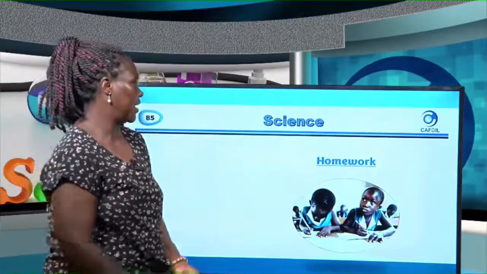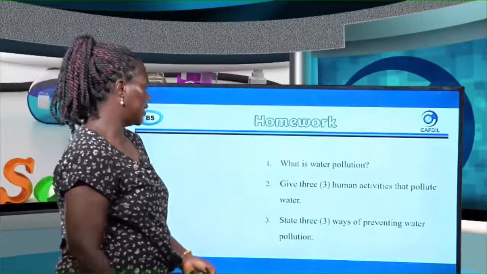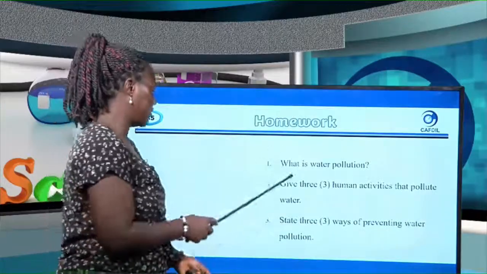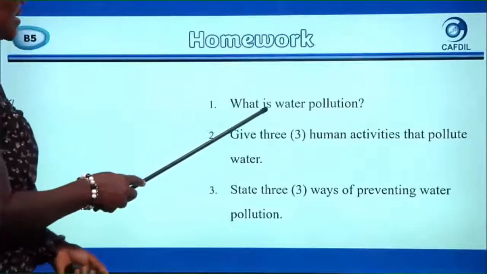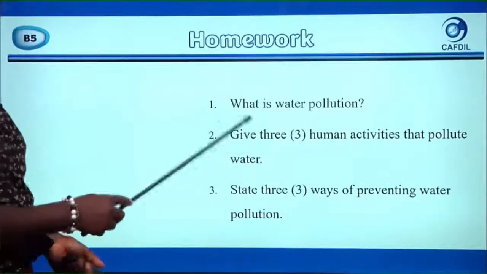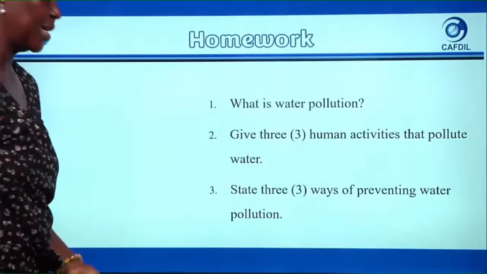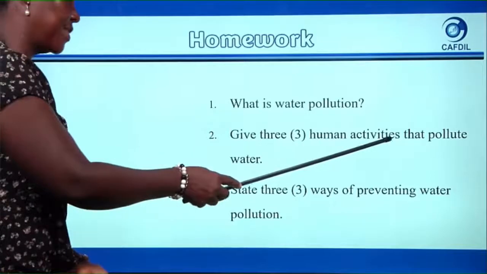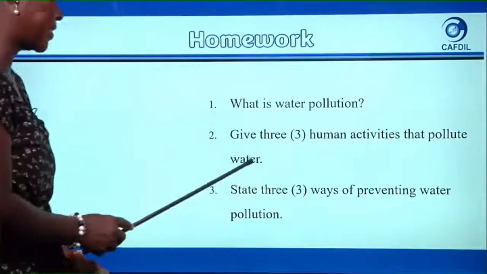I hope you followed the lesson. I know you will do it. Now, before we go, let's look at our homework. This is our homework. Number one, what is water pollution? Number two, give 3 human activities that pollute water.